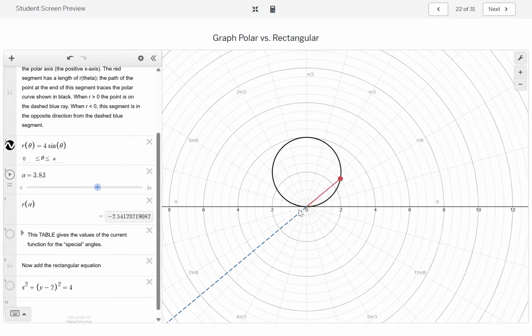And you notice it's got this dashed line on the graph because that's the angle we're looking at. We're in an angle that's down in quadrant 3, but our radius is negative, so it plots the point back on the circle we already traced. So it's tracing the same circle again.